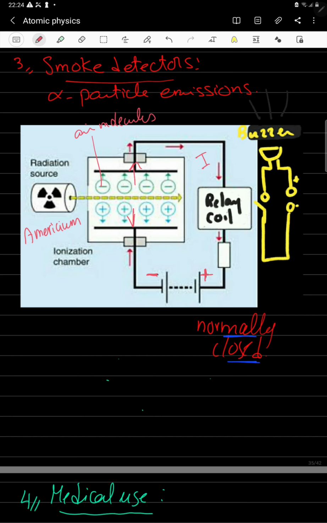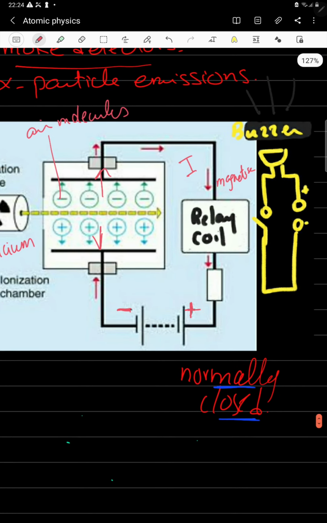When the current passes through this relay coil, it is enough to magnetize the relay coil. So the relay coil, when it becomes magnetized, is going to attract the normally closed iron switch.